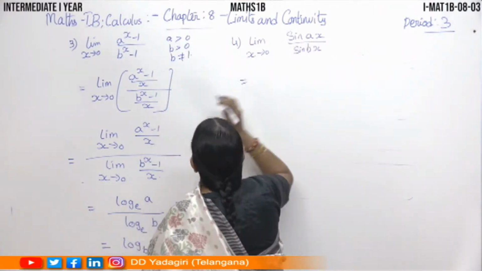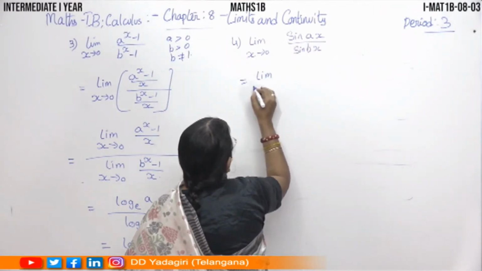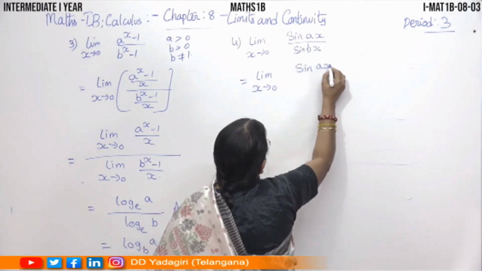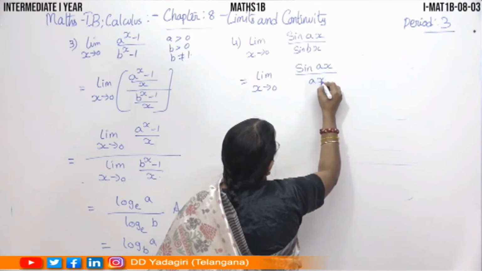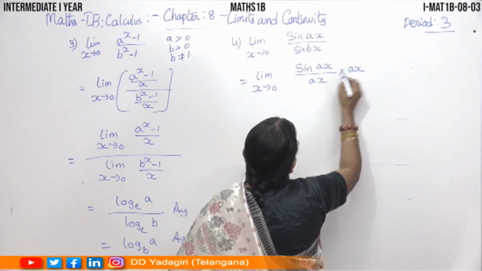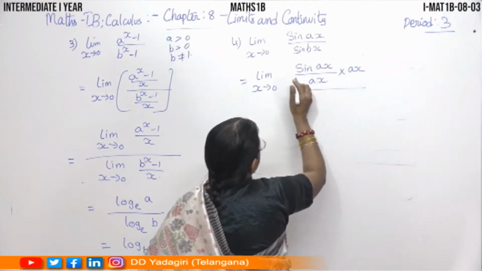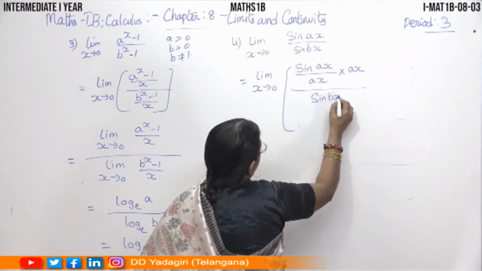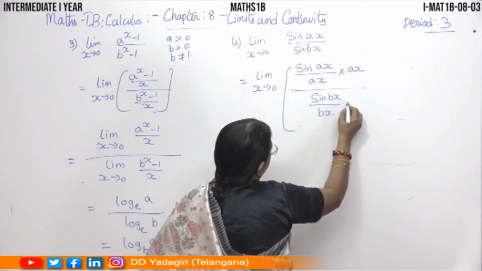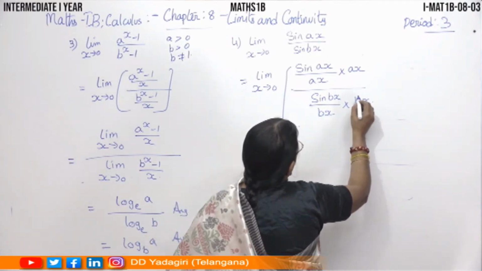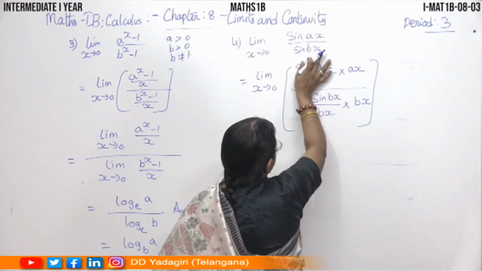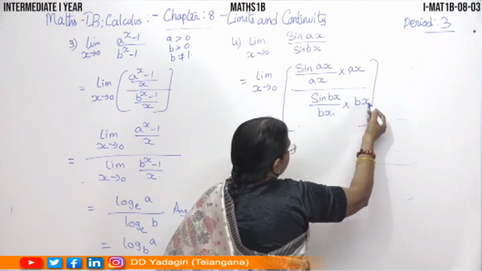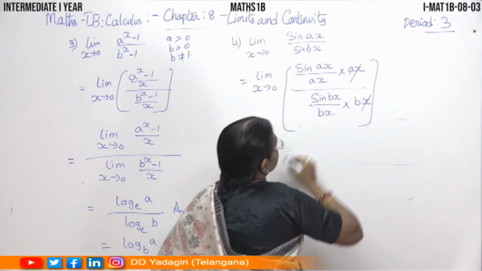So like how we did here, here also we'll divide the numerator and the denominator by ax. First it is ax. Multiply and divide by ax, so that this part remains the same. And for the denominator, you multiply and divide by bx. Now if you see, this is a standard limit, this is a standard limit. Actually, you can cancel this x here.